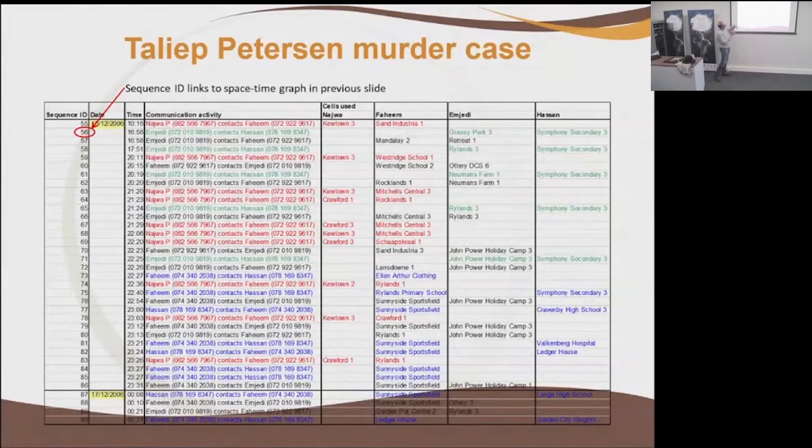We could then build this whole thing together and see the pattern coming up. You can clearly see the run-up to the murder. That was the last call, and then an hour and a half later. That was the kind of evidence that we put into court. And so we could build this whole case just based on cellular telephone usage between these various parties.